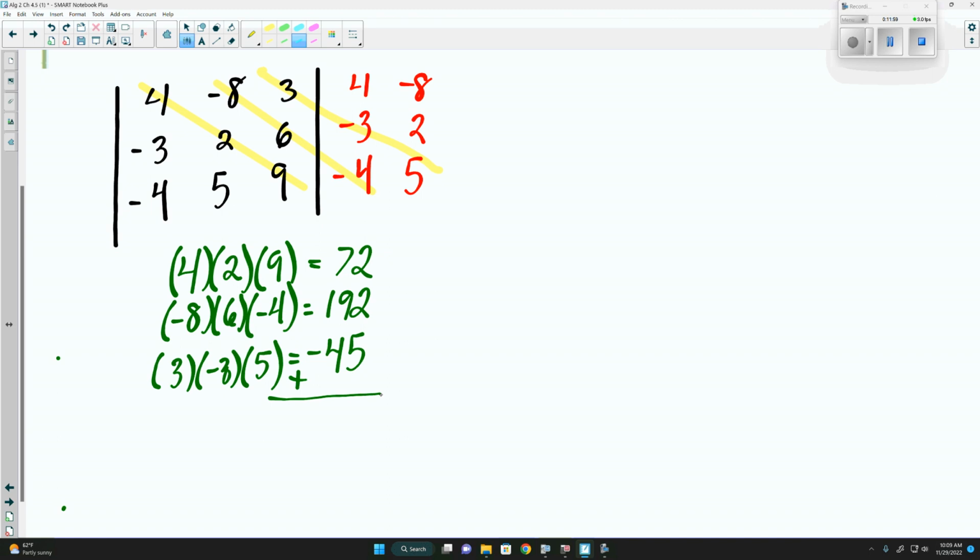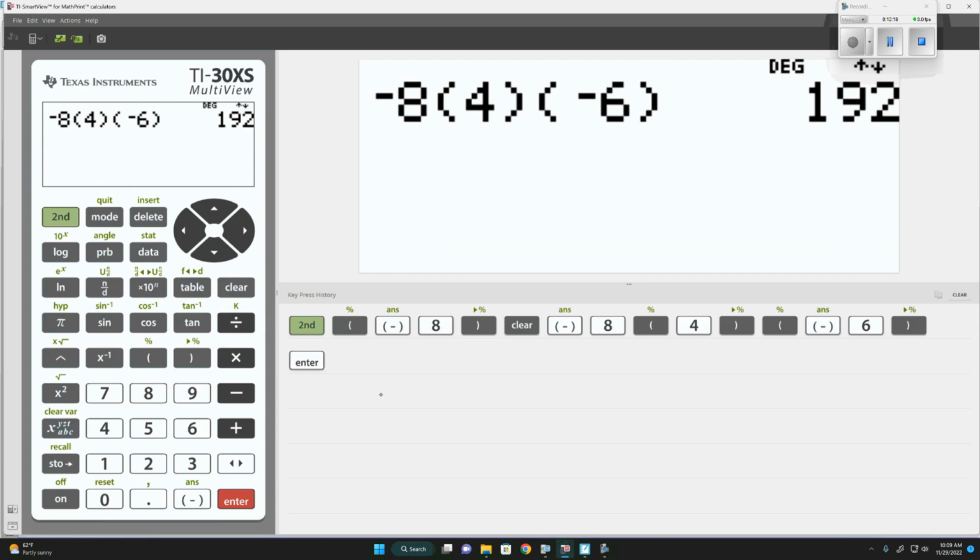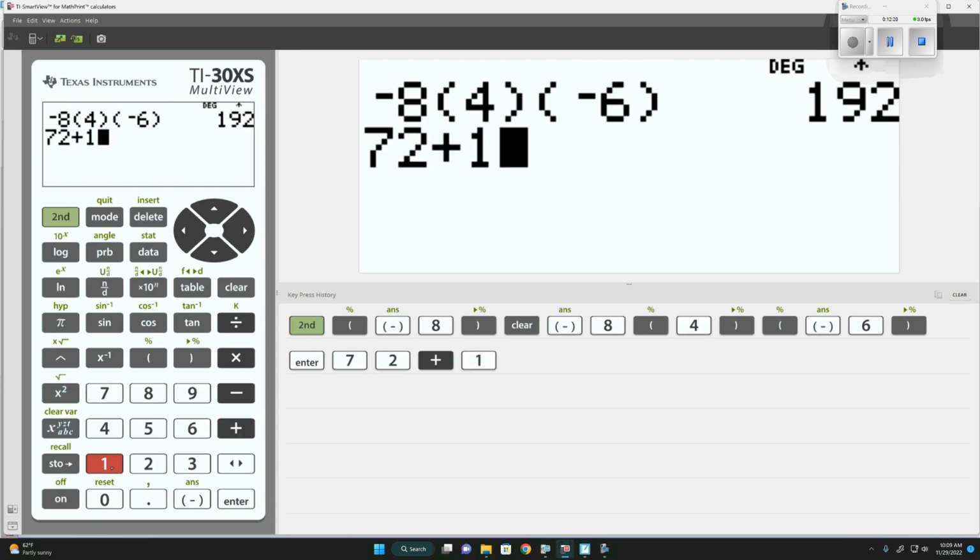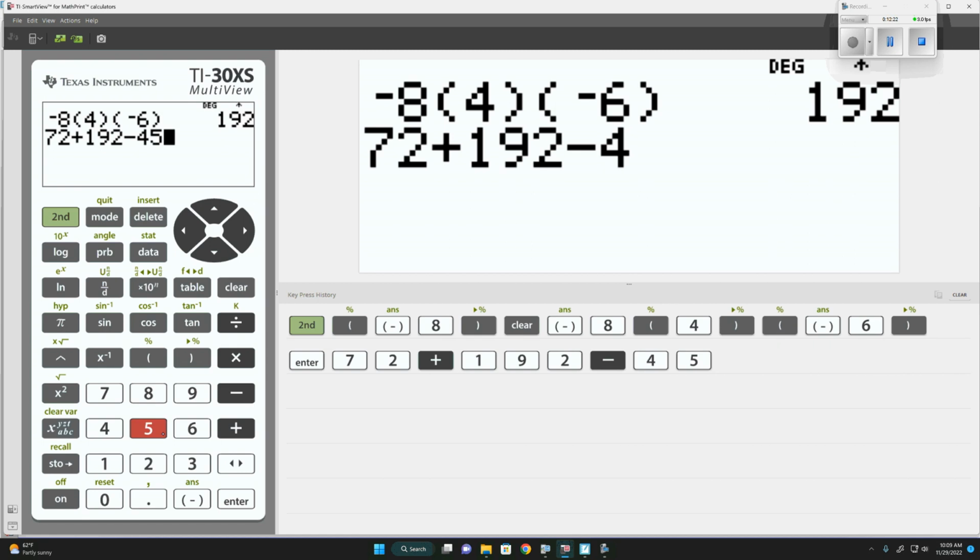And we add these three together. Because like with the 2 by 2 that we started with, going from left to right, we had a single number. We'll still have a single number, but it's all three of these diagonals added together. Questions on this so far? 72, 192, negative 45. Well, 72 plus 192 minus 45 is 219.